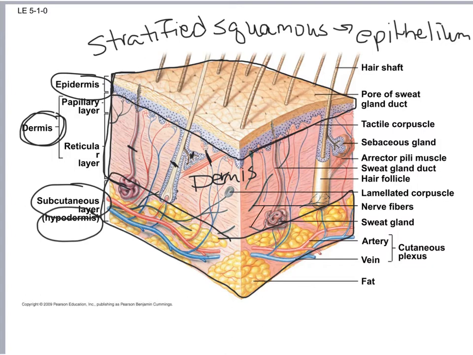Here, we said that in the epidermis there's no blood vessels, right? But in the dermis below it, there are blood vessels. So in a person that's very fair-skinned, you can see the blood through the skin. That epidermis is kind of translucent.